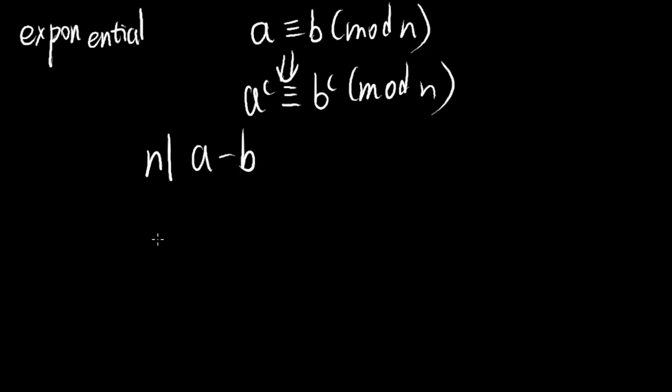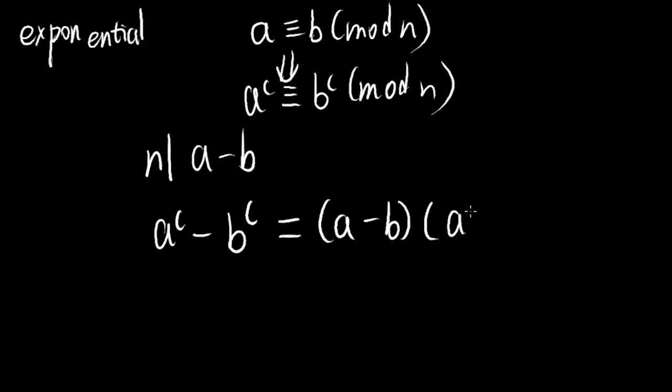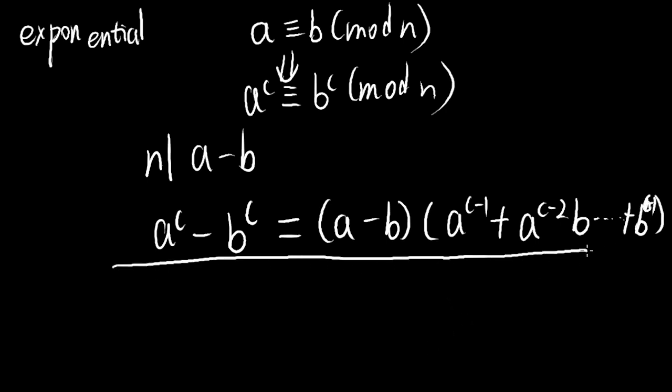when we know a minus b is divisible by n, we know that a raised to the power of c minus b to the power of c is a minus b times a to the power of c minus 1, plus a to the power of c minus 2, and so on until b to the power of c minus 1. This is a basic fact of algebraic factorization.